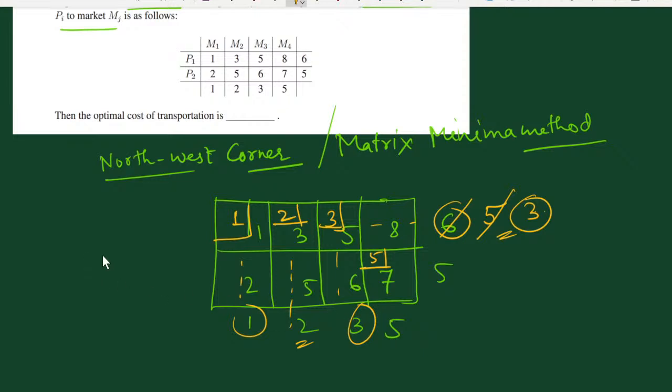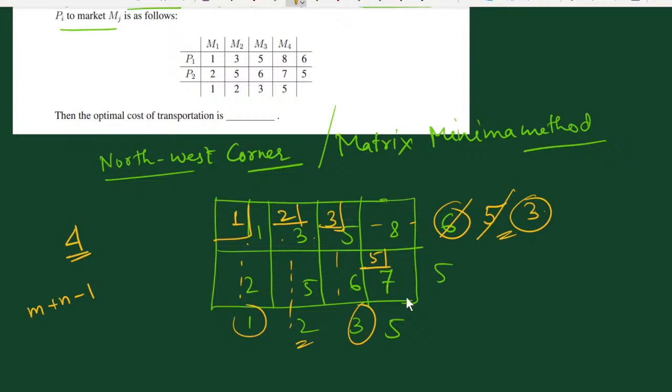Now we see the number of cell allocations, which is 1, 2, 3 and 4. The maximum number of cell allocations is m plus n minus 1, where m is the number of rows and n is the number of columns.